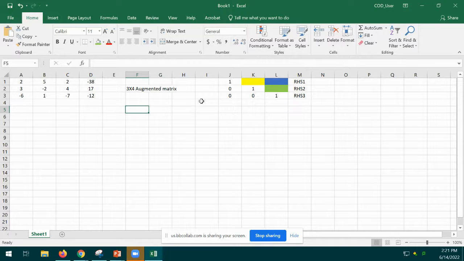So what I'm going to do is I'm going to take 1/2, and I guess I will just type. So I'm taking 1/2 row 1. And in fact, I'm going to start calling that R1, becomes the new row 1.